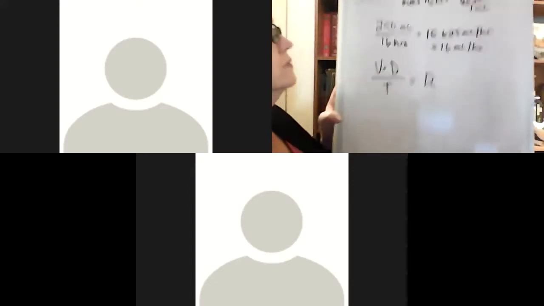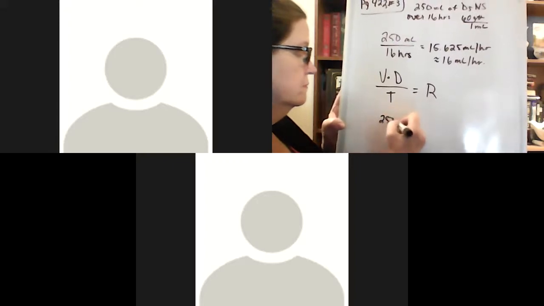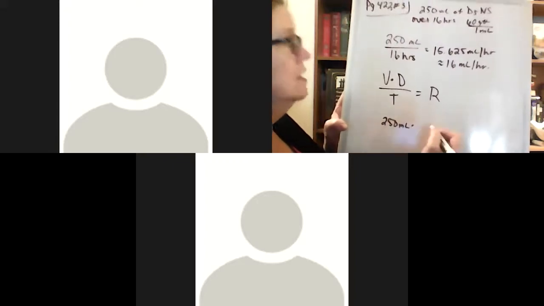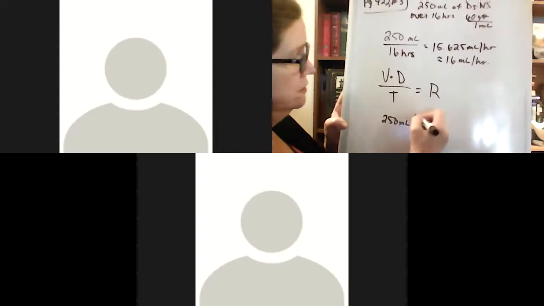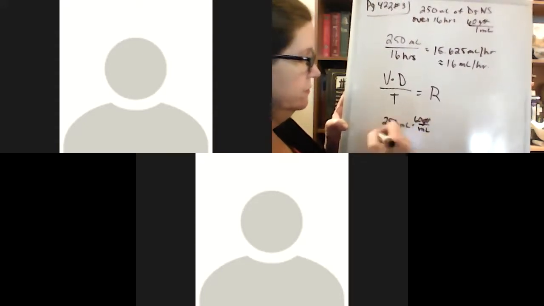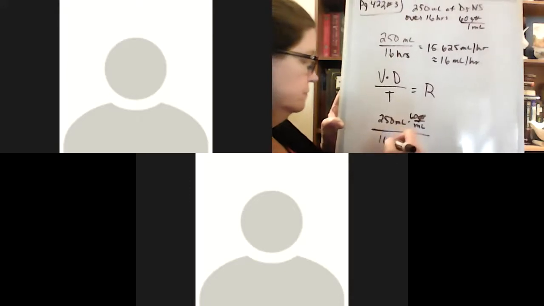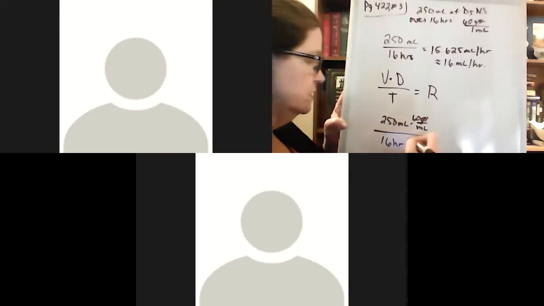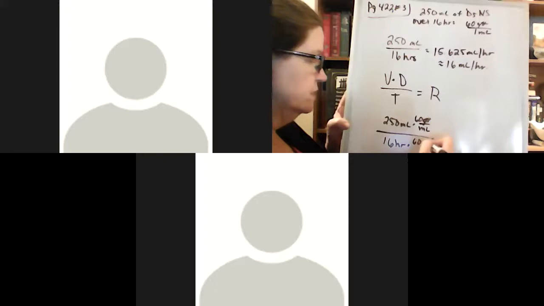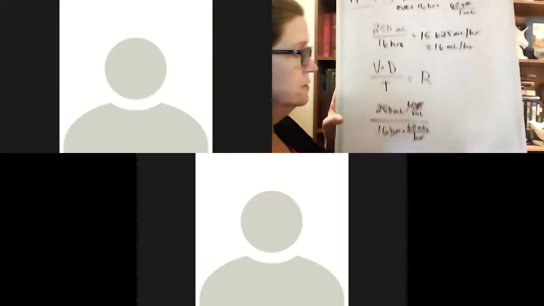So your volume is how much? The 250? Times 60 drops per milliliter. And my time is 16 hours times 60 minutes per hour, right? Hours are going to cancel and that'll give you minutes.